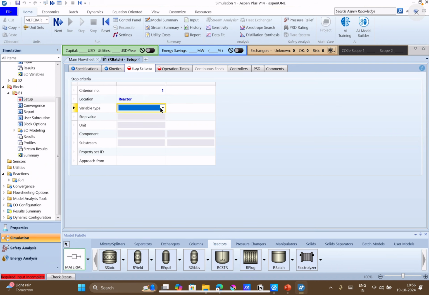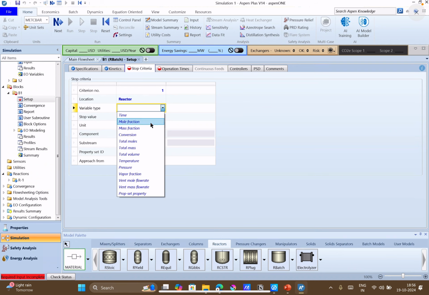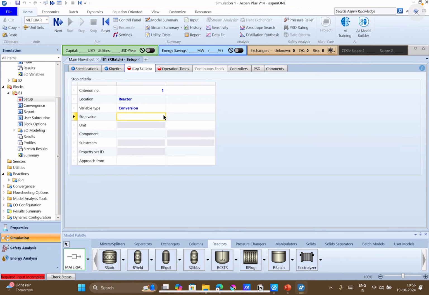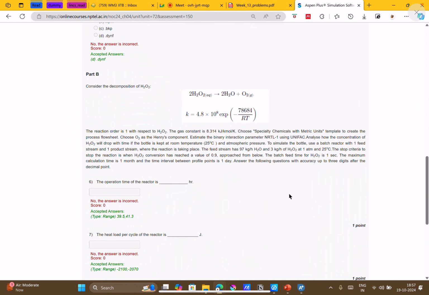Reactor variable, so we will put conversion, stop value is 0.9, component H2O2. Okay, approach from below. So these are the data that has been given in our problem statement itself.